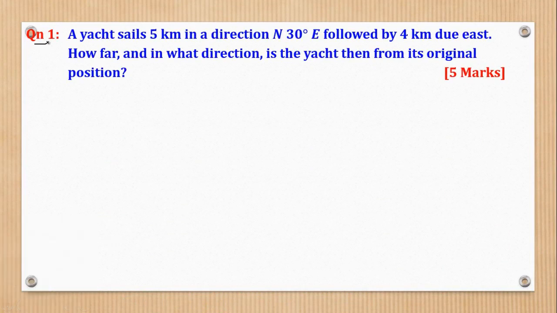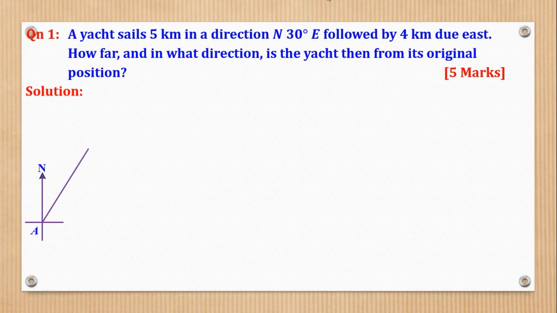Question 1 says, a yacht sails 5 kilometers in the direction north 30 degrees east, followed by 4 kilometers due east. How far and in what direction is the yacht then from its original position? The first thing to do is to make a sketch of the motion.